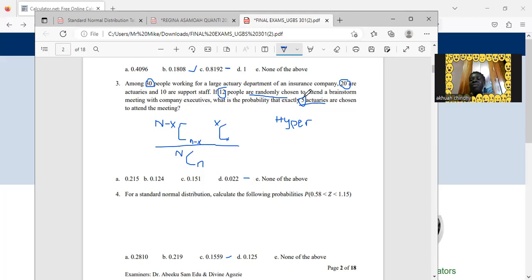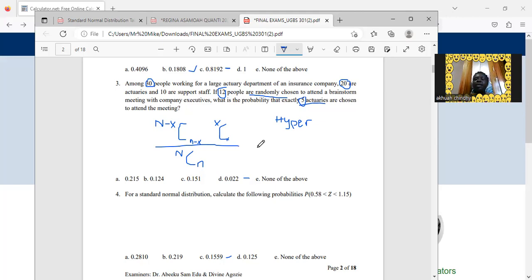If our goal is to pick actuaries, that means we concentrate on the actuaries population, which is the 20, and that is our big S. So you just plug them into the formula and you get your answer. But this, I will use my calculator, because if I use the online calculator, it's going to take much time.